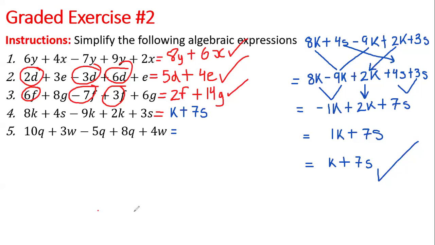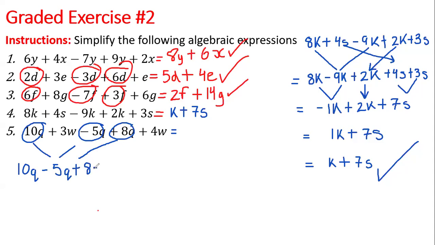Okay, let's do it. So we have 10q, right? Negative 5q, and 8q, right? We bring them all together. That gives us 10q minus 5q plus 8q, right?